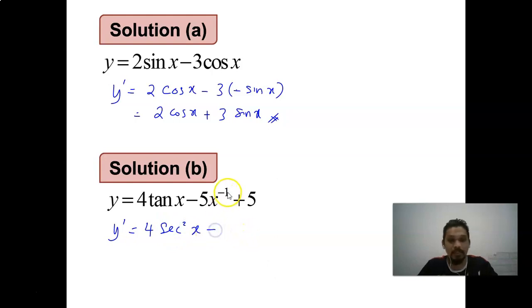Then minus 5, differentiate x to the power of negative 1, and you get negative x to the power of negative 2, and differentiating 5 equals 0. So 4 secant squared x plus, negative times negative is positive, 5x to the power of negative 2, which is 5 over x squared.